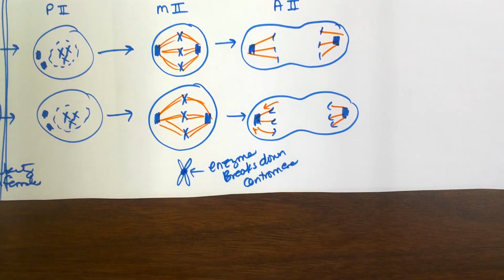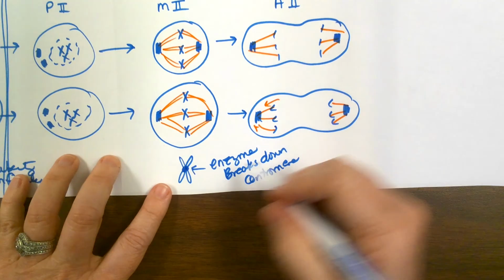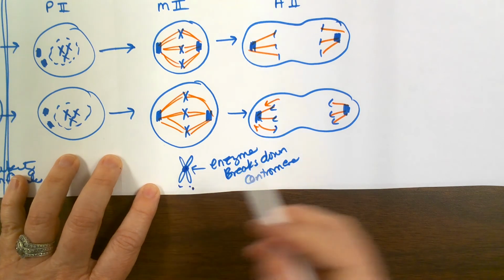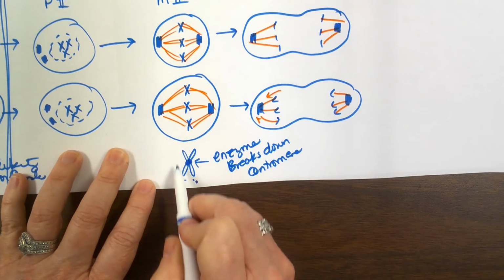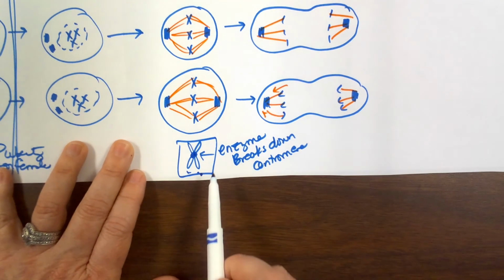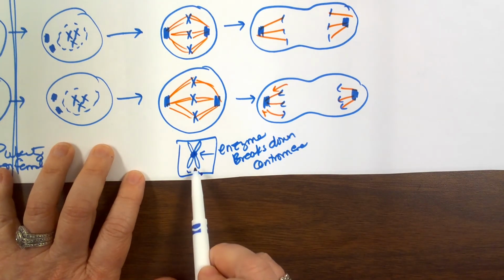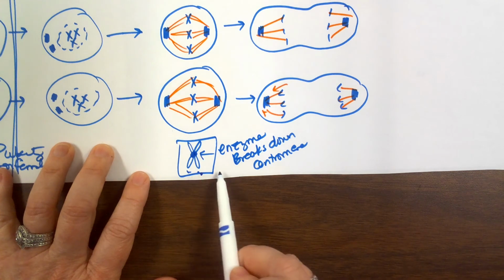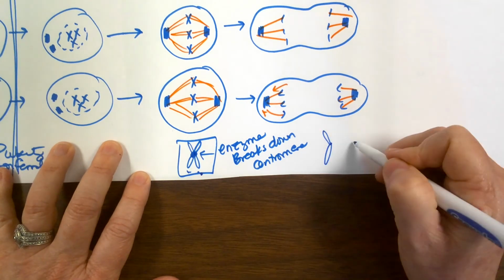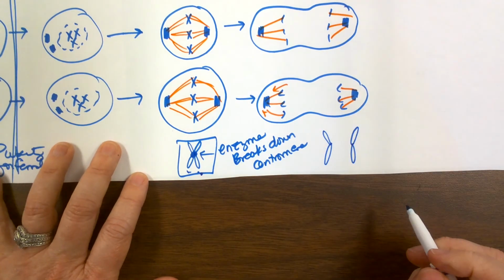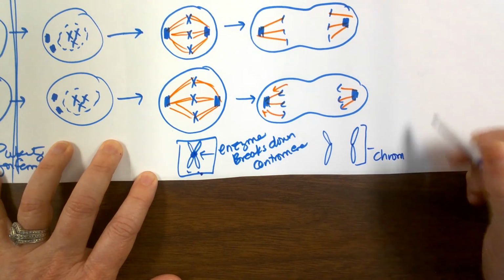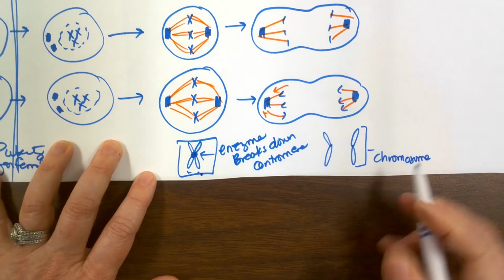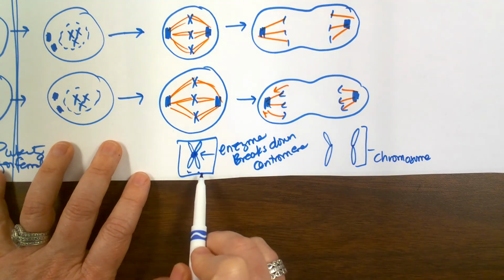So we should know by now, if you don't know by now, these are identical to each other. So all you need is half of this. Now, when it is together like this, the whole thing is called a chromosome and each half is called a sister chromatid. But when you rip it in half and it is independent and not attached, they now actually call this whole thing a chromosome. It is only called a sister when it is attached.